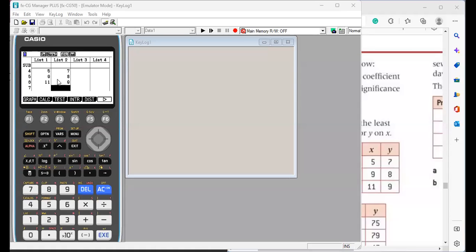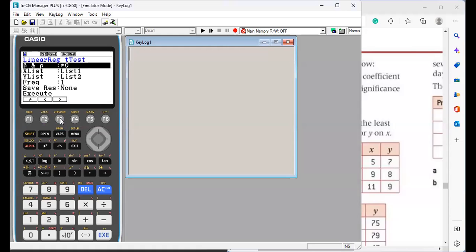As you can see, I have typed all the data in list 1 and list 2. Then I will press F3 for test, then T test, F2, then F3 regression.